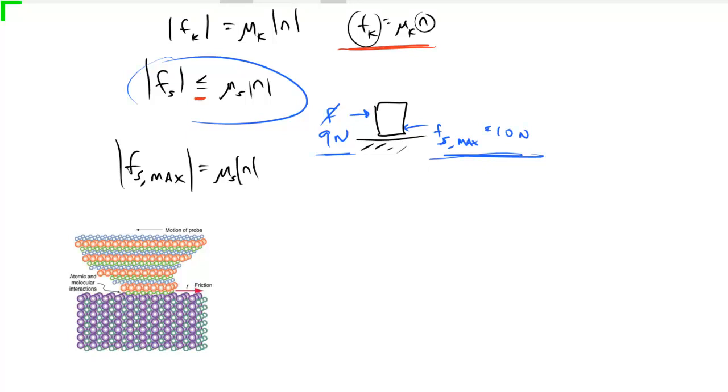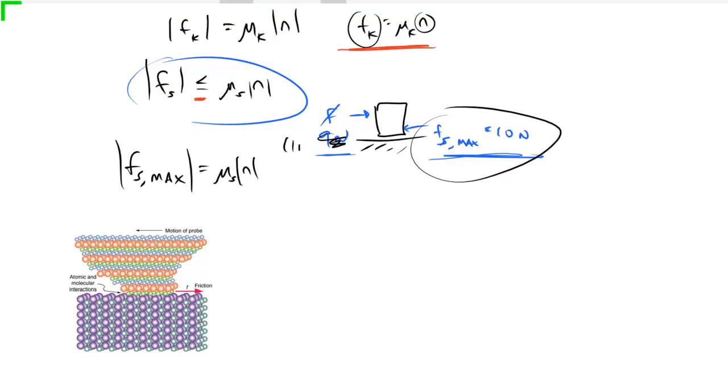So again, if our maximum static friction force were 10 newtons and we applied 11 newtons of force, then it would start to move off to the right, in which case we would use the kinetic friction force after it started moving.